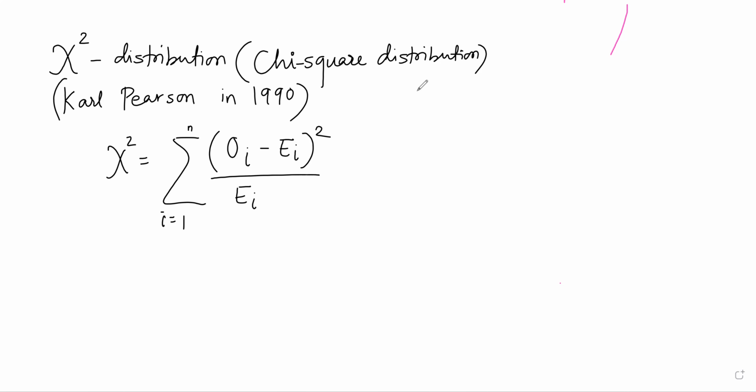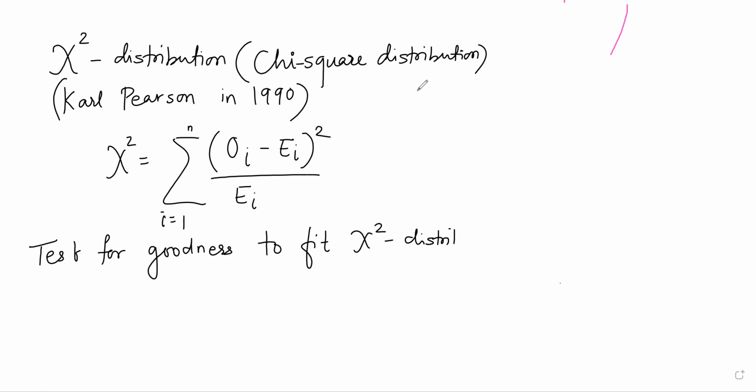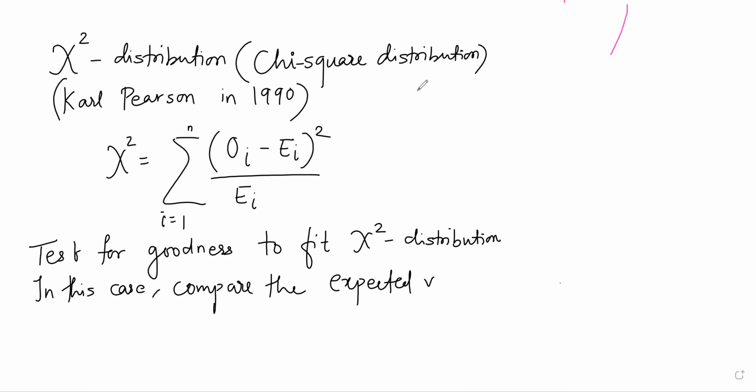We compare the expected value and the observed value, that is, the theoretical one and the practical, experimental one. Take H naught.